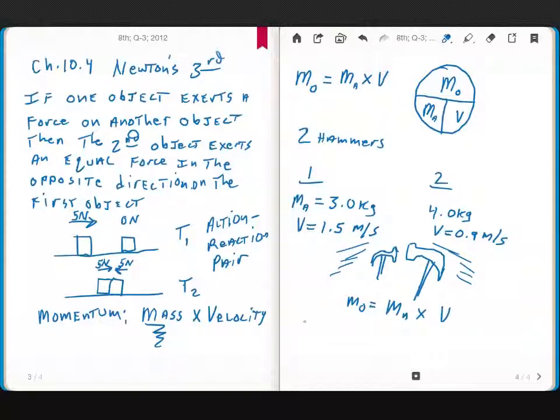So I can figure this out by saying 3.0 kilograms times 1.5 meters per second for that one, and for this one, 4.0 kilograms times 0.9 meters per second.